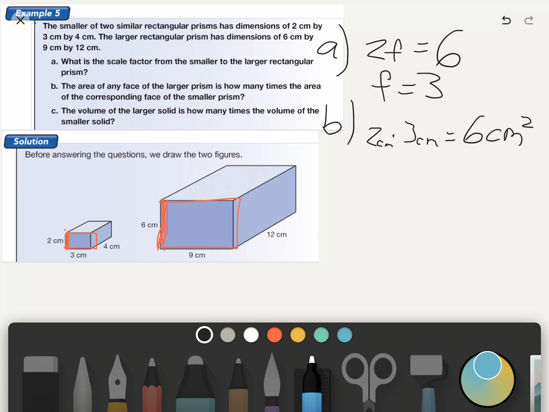However, 6 centimeters times 9 centimeters will get us 54 centimeters squared. So looking at that, we can see that it is actually a factor of 9.